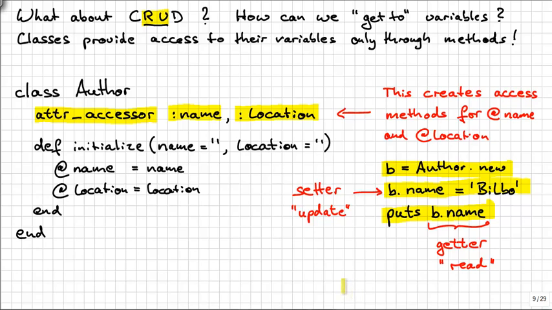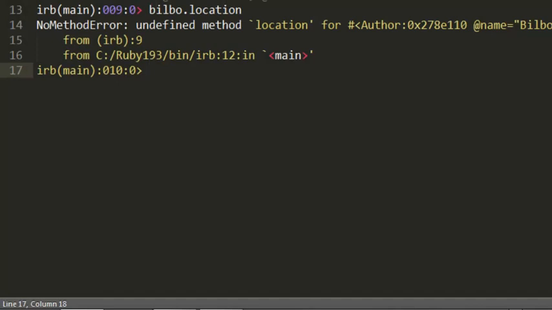So behind the scenes, attr_accessor defines these setter and getter methods so that you have an easier time working with attributes in Ruby classes.